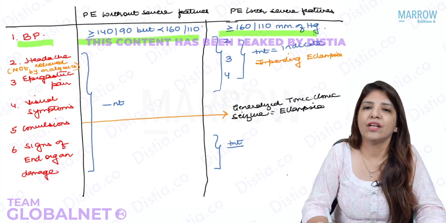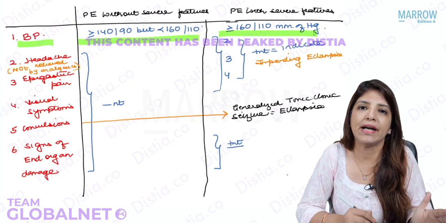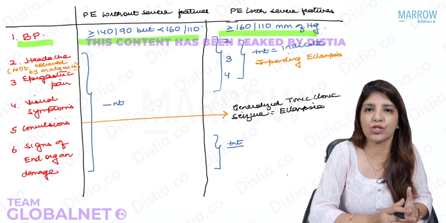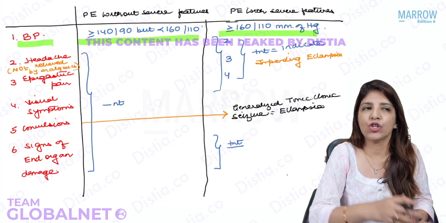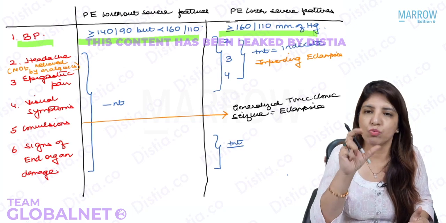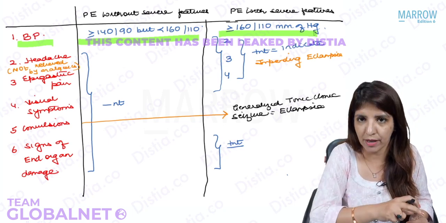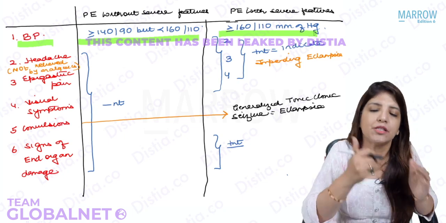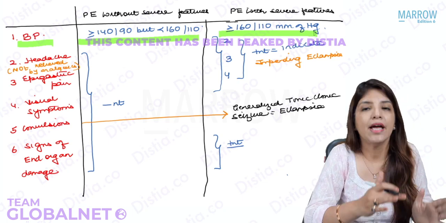Right? And there were certain signs which earlier were called signs of impending eclampsia. And as I told you just now, in females who have preeclampsia with severe features, the chances of eclampsia are there. So all those symptoms which came under symptoms of impending eclampsia, if they are present, it means that it is preeclampsia with severe features. Are you understanding?